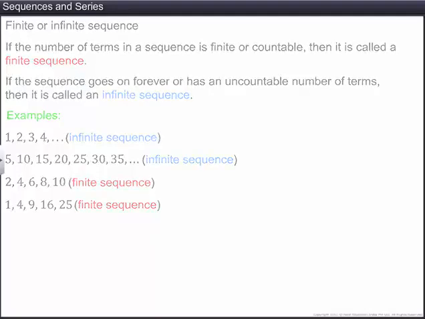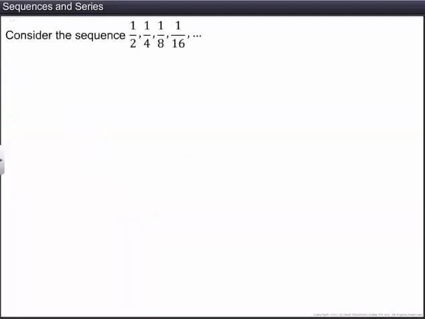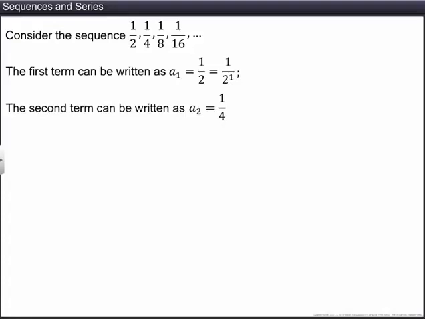For example, consider the sequence 1/2, 1/4, 1/8, 1/16, and so on. The first term, 1/2, can be written as 1/2 raised to the power of 1. The second term, 1/4, can be written as 1/2 raised to the power of 2.